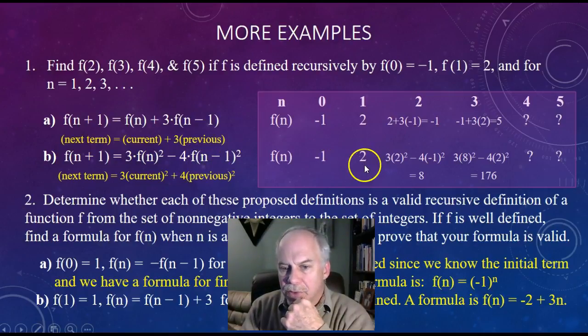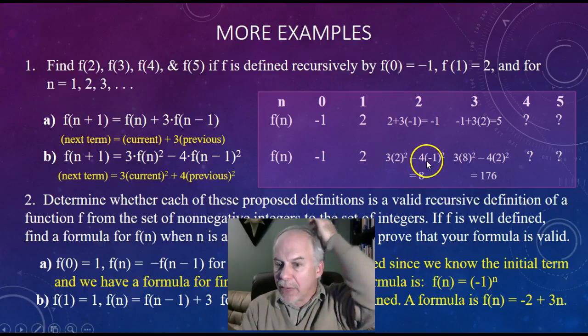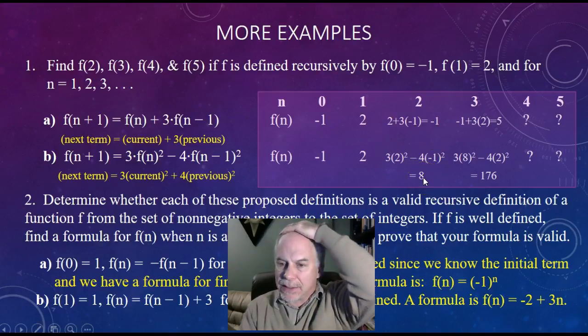So if your first two terms are -1 and 2, it says go 3 times the current term, which would be the 2 here, 3 times 2 squared, minus 4 times the previous term, which is -1 squared. So 2 squared is 4, 3 times 4 is 12. Here you're going to have 4 times 1, so that's going to be 4. So 12 minus 4 is 8.